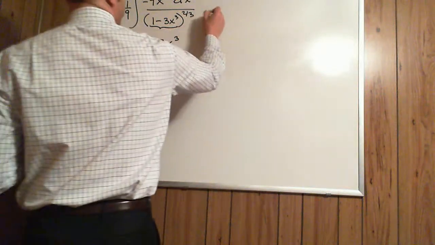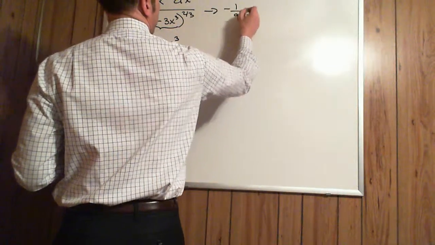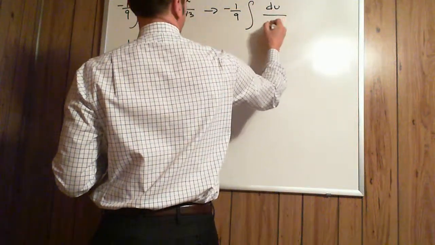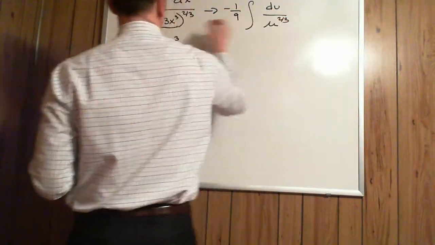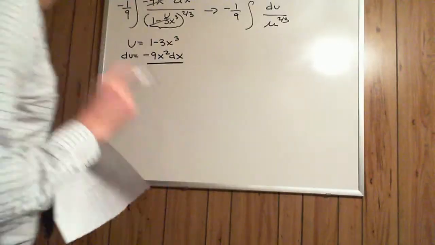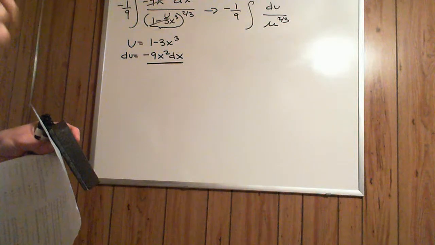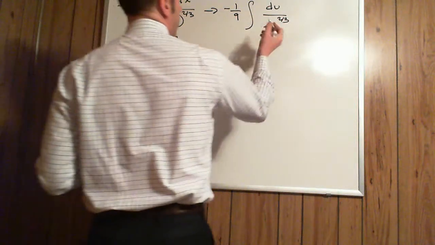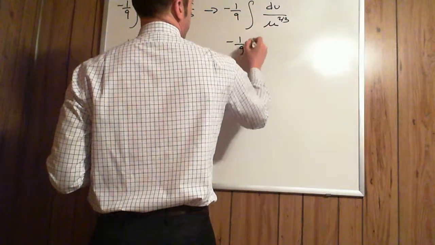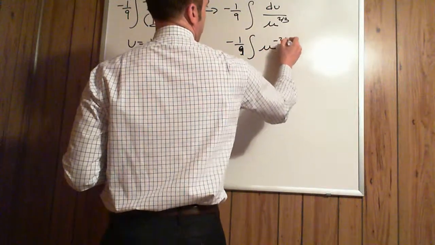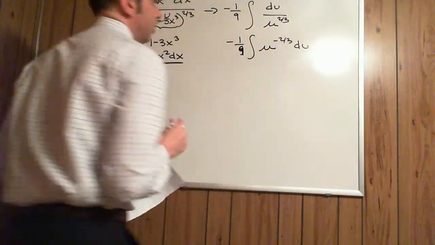And this will roll into negative 1/9, the indefinite integral of du over u to the 2/3, because this is my u now. But that's still not of desirable form. It's still not of u to the nth. So it will become that when I rewrite that as the indefinite integral of u to the negative 2/3 times du with the negative 1/9 in front.